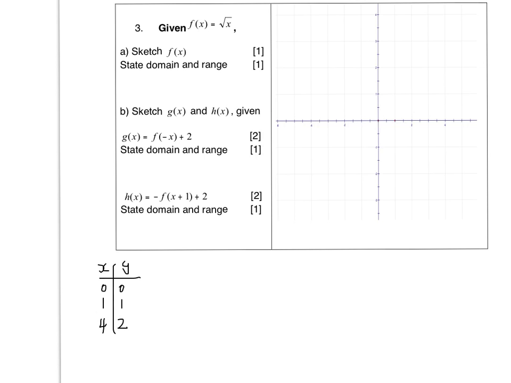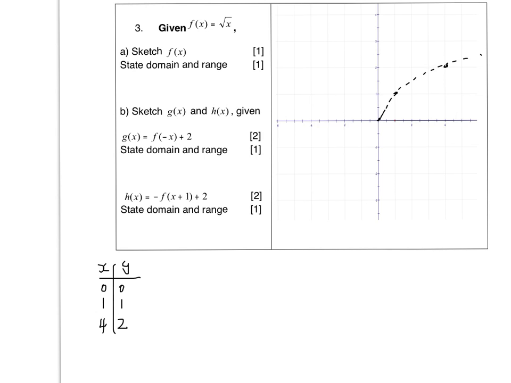And that's enough to plot the graph at the moment. Now, when x is 0, y is 0, which is going to be here. When x is 1, y is 1, which is going to be here. When x is 4, y is 2, which is going to be here. So my graph for the base function looks like this one.